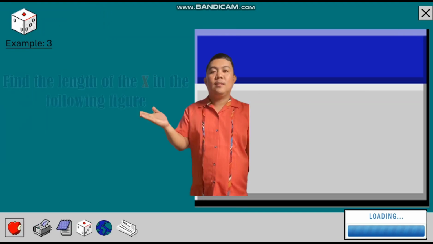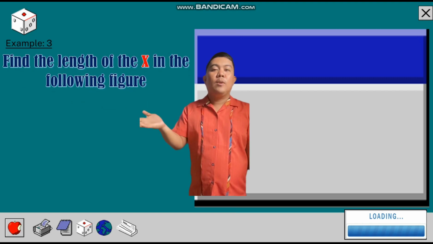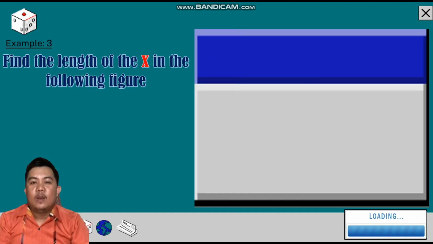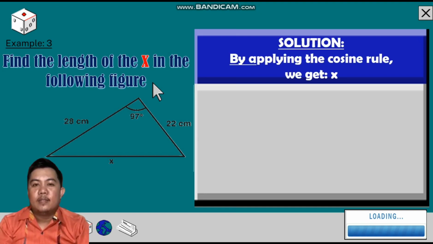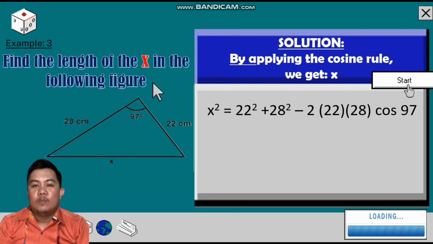For example, number 3, find the length of the x in the following figure. Then, the diagram shows, by applying the cosine rule, we get x. Now, x squared is equal to 22 squared plus 28 squared minus 2 times 22 times 28 cos 97.